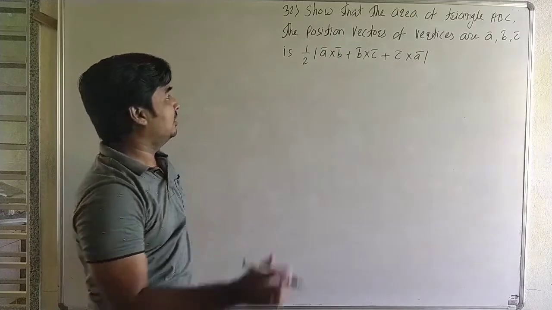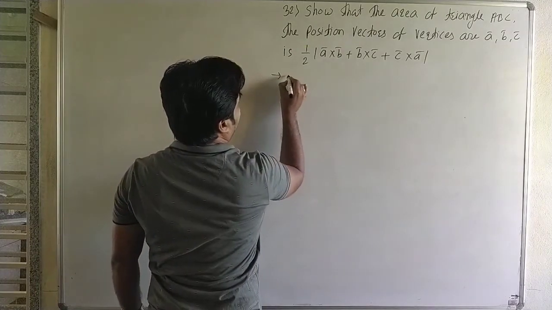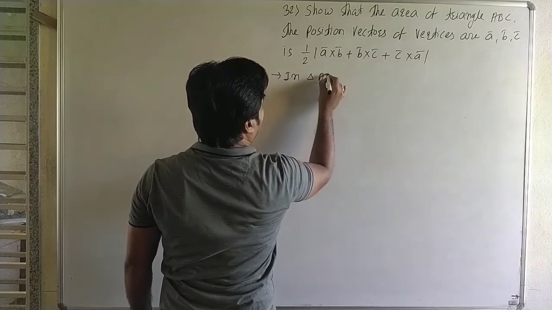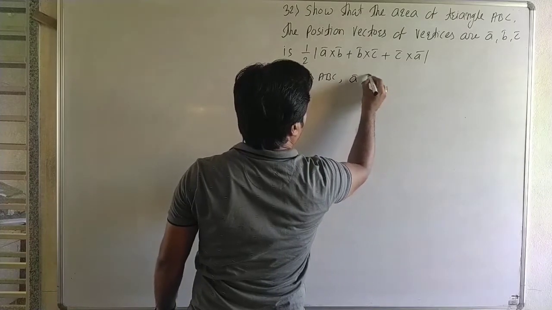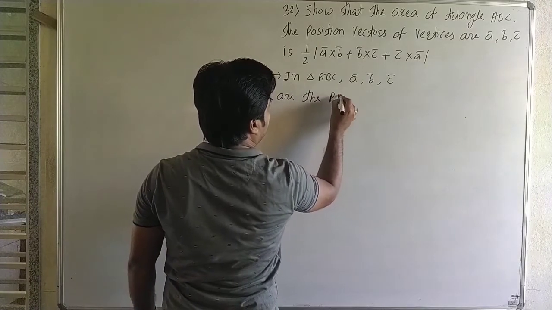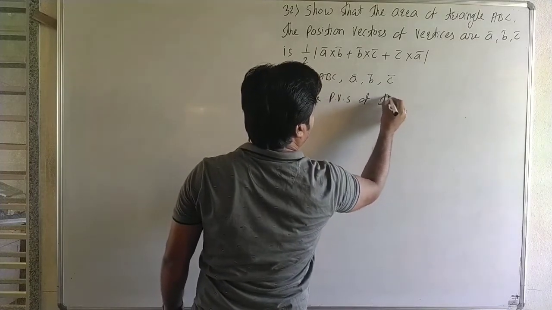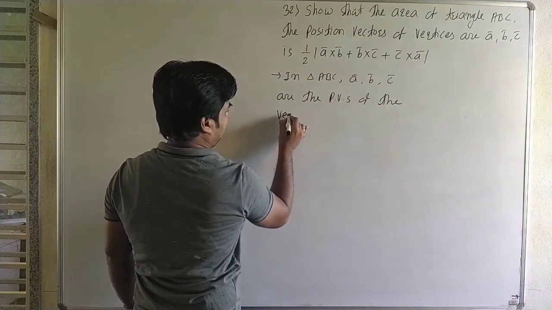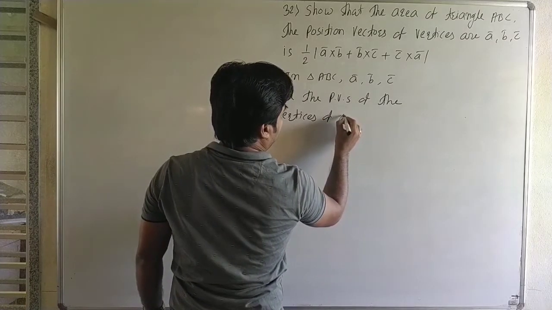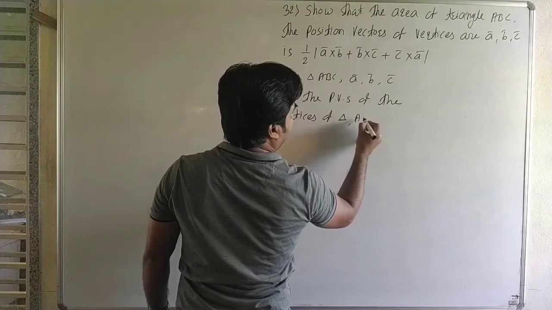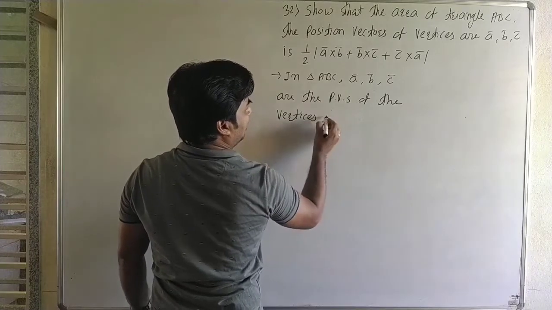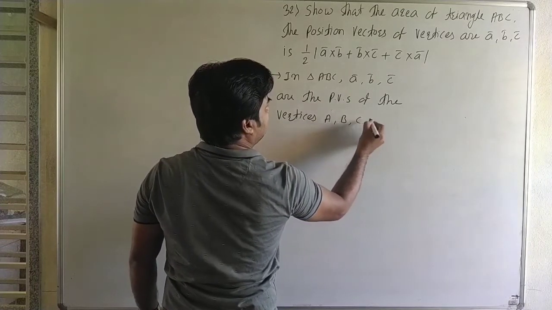Area of triangle. Here, in triangle ABC, A bar, B bar and C bar are the position vectors of the vertices A, B and C respectively.